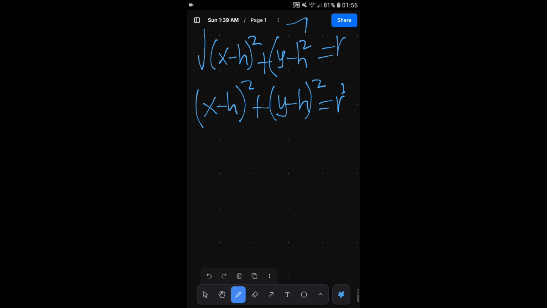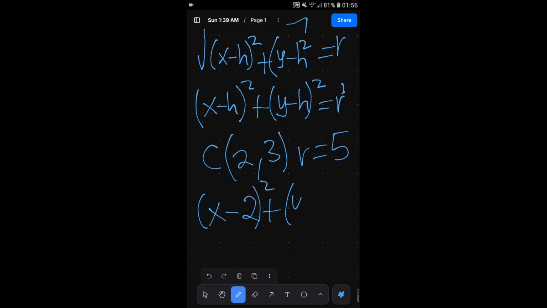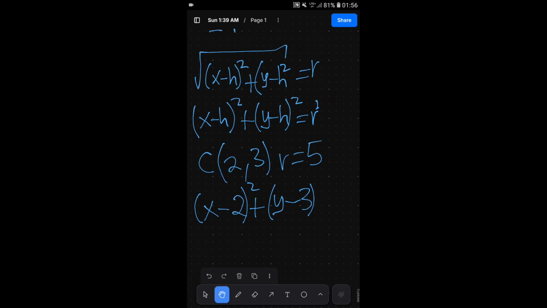If a circle has center (2, 3) and radius, let's say 5, then according to this, the equation of the circle will be (x minus 2) squared plus (y minus 3) squared equals 5 squared.